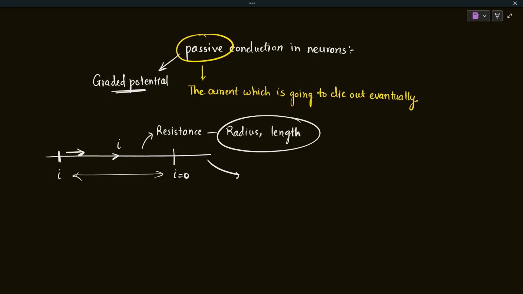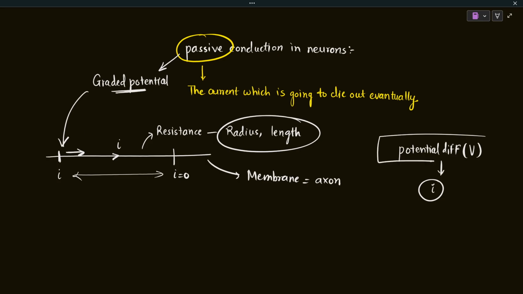Let's assume that this is the membrane of an axon. The graded potential generated here results in the ionic current. Whenever there is a potential difference, V, that results in a charge flow, and once the charge flows, that is what we call current.